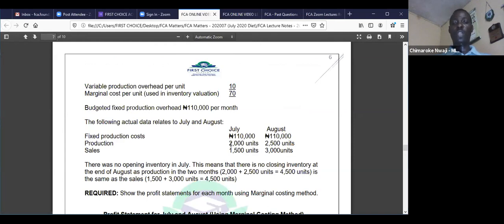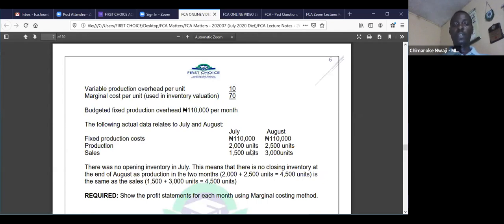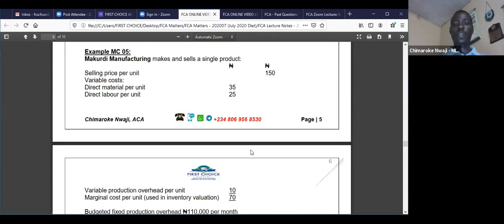This is the 2,000 units here. So 2,000 units were produced. Look at the production data here. We have direct material 35 naira for 1 unit, direct labor, variable production overhead. When you add them, you have your 70 naira.